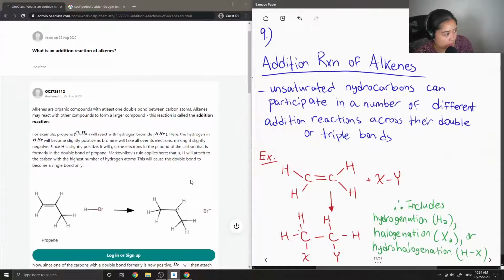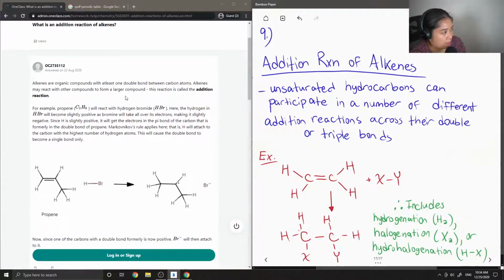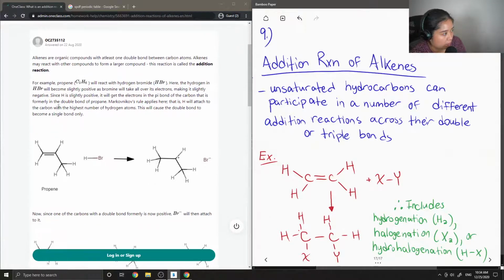Okay, so the junior tutor said that alkenes are organic compounds with at least one double bond between carbon atoms. Alkenes may react with other compounds to form a larger compound. This reaction is called the addition reaction. For example, propene will react with hydrogen bromide.